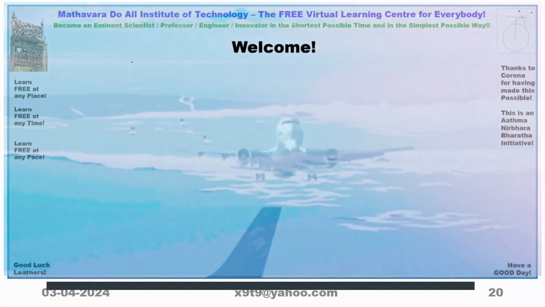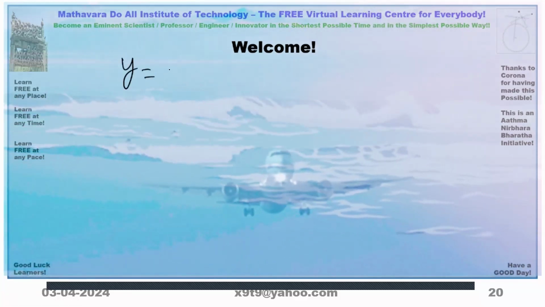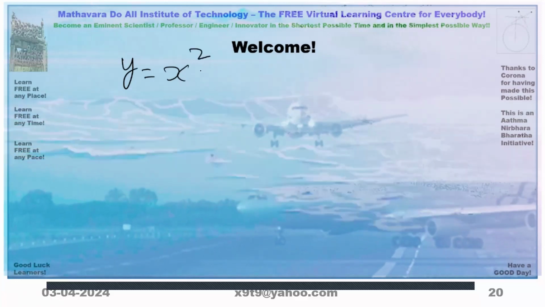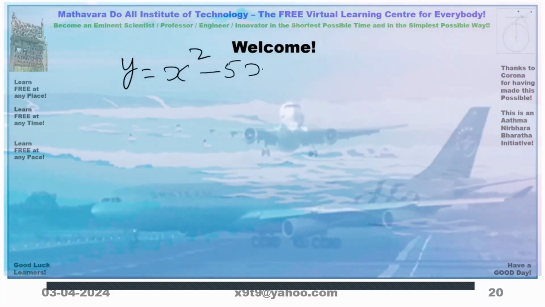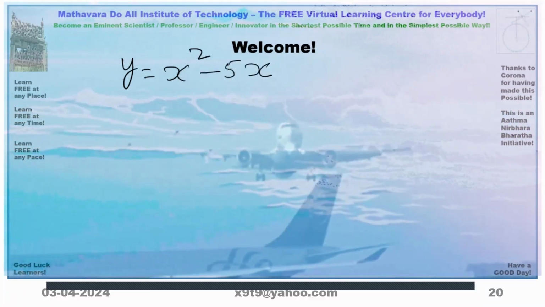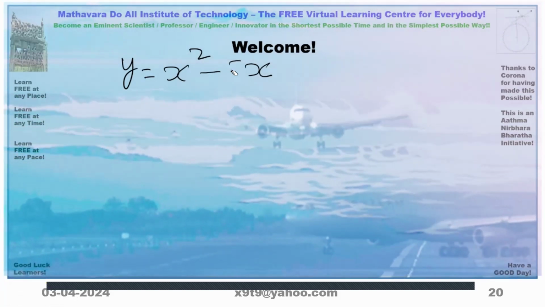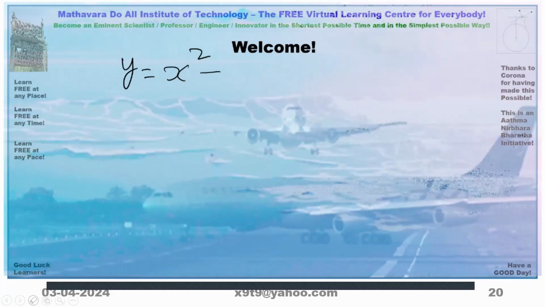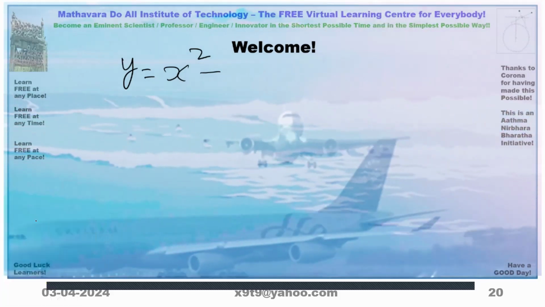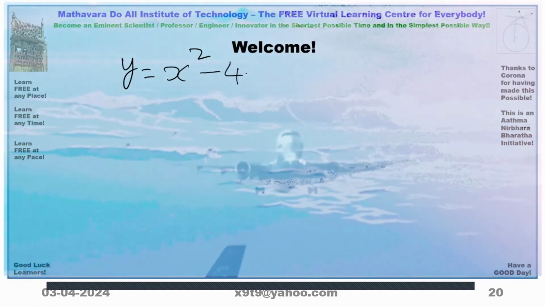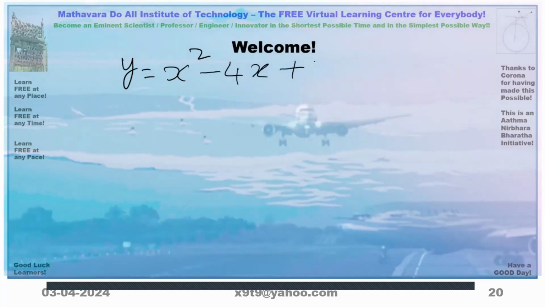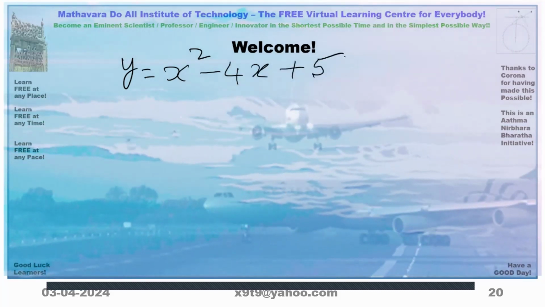Now, third type of problem will be like this. y is equal to x square minus 4x plus 5.